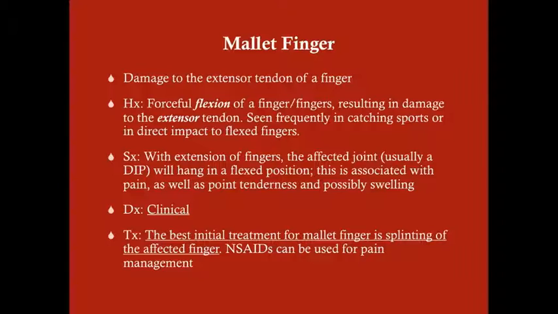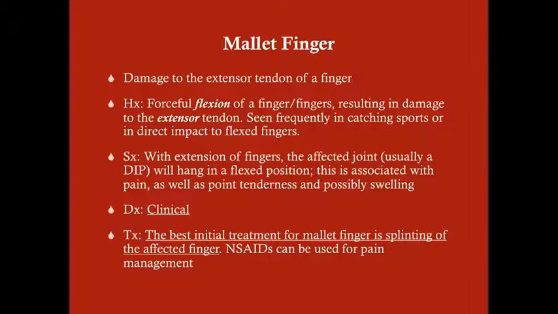So jersey finger is an injury of the flexor tendon of the finger. Mallet finger is an injury of the extensor tendon of the finger. And as you know, whenever you have an injury to one tendon, the opposite result happens. So if you have an injury to the flexor tendon, you're going to see some extension.